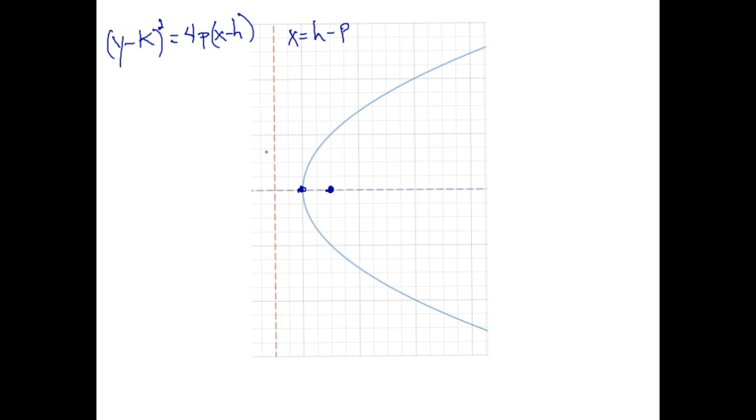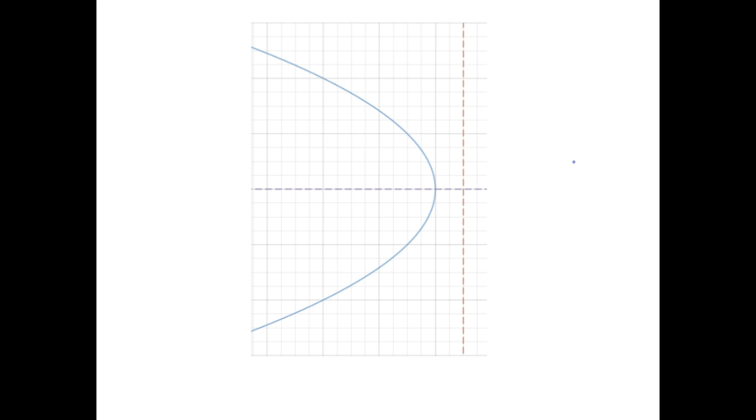Okay, well, what's p in this case? Well, p is the distance from our vertex to our focus, and p is also the distance from our vertex to our directrix. So these are both p. When we open our parabola to the right, that is when p is greater than 0. When we open to the left, that is when p is less than 0.